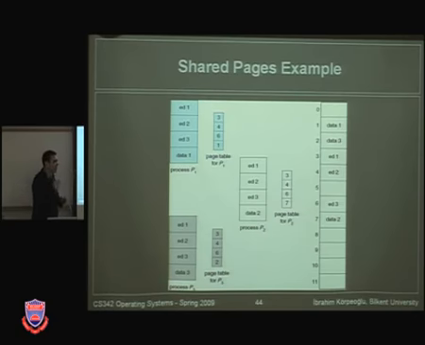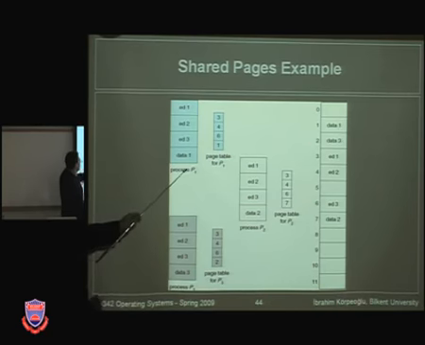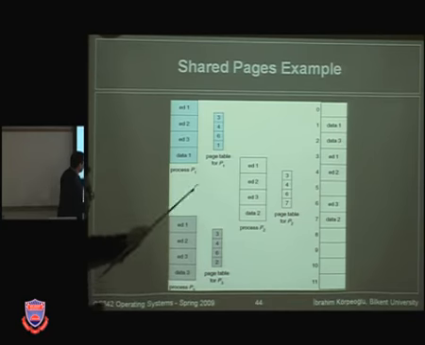Assuming the code is reentrant code, which can be run by many threads and processes at the same time, then it's enough to have a single copy of the program code segment in the memory, and all the processes can use that.